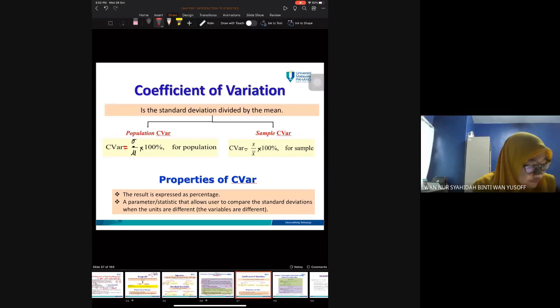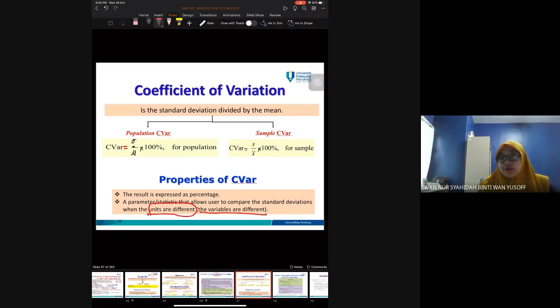Then we have the coefficient of variation. It is the standard deviation divided by the mean. As I mentioned, we use it when we try to compare different variables, and different variables means that we have different units.